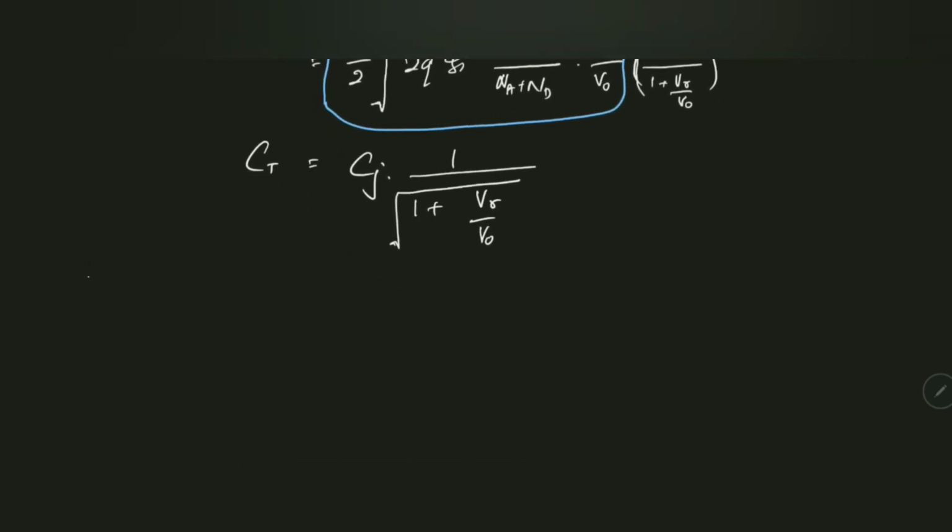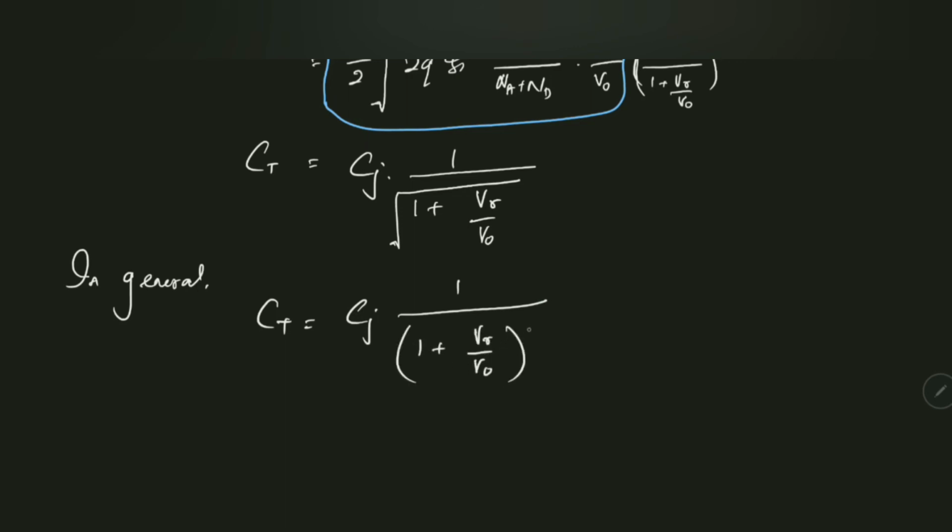In general, the expression for CT can be given as Cj times 1 divided by 1 plus Vr by V0, the whole power n.